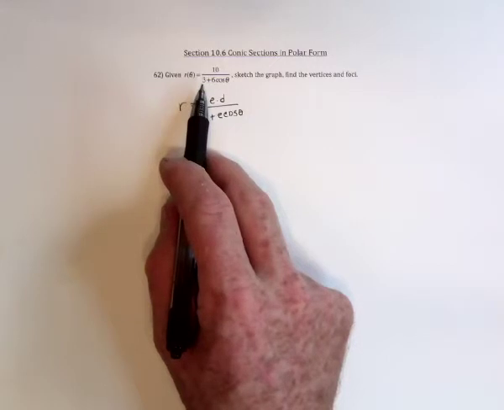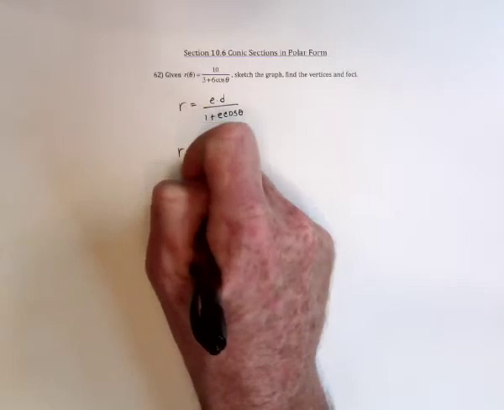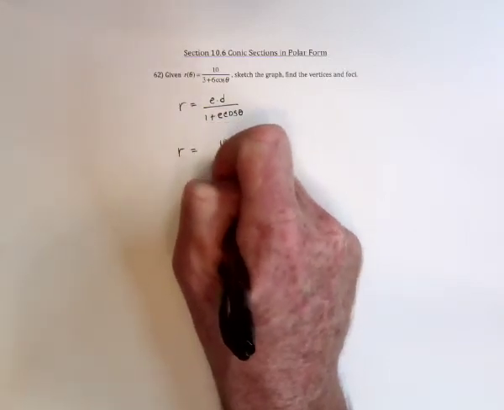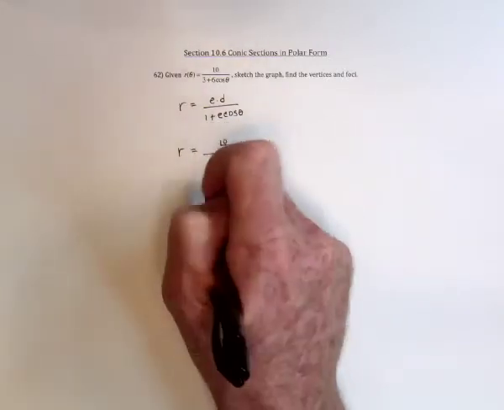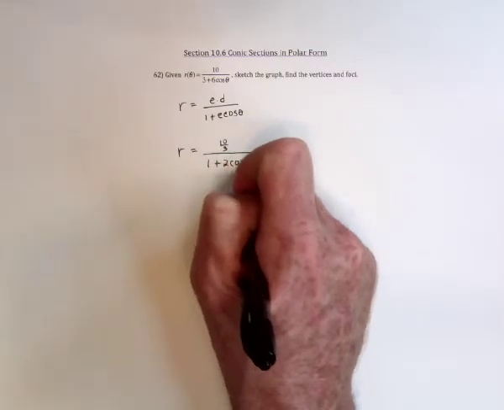So in other words, this is supposed to be a 1 plus, not a 3 plus. So what we're going to need to do is divide the top and the bottom by 3. So you'd have 10 divided by 3, and then it's going to be 1 plus 2 cosine.